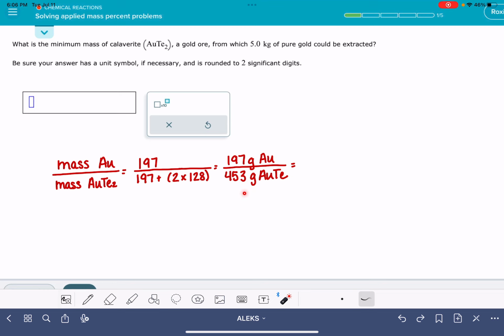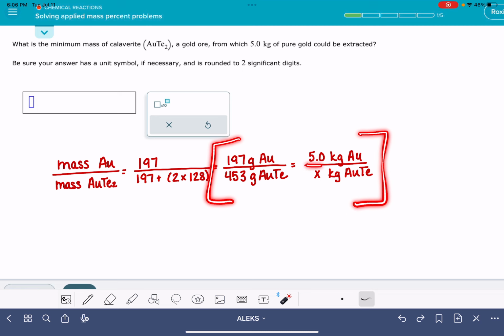Now in this problem, I know the amount of pure gold, and I'm trying to figure out what mass of AuTe2 would give me that 5 kilograms of pure gold. So I'm setting this portion of the problem up a little bit differently, because in this version of the problem, I know that I want 5 kilograms of pure gold.